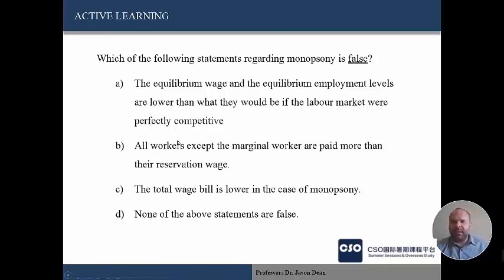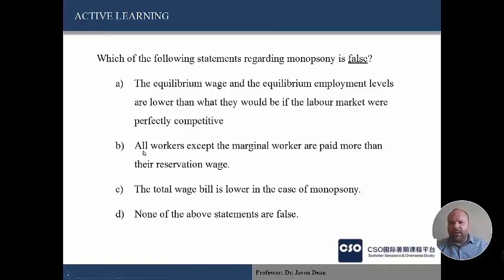Well, A we know is true. That's what we learned in our model. We learned that the monopsony would end up with an equilibrium in which the wage and employment levels were lower.